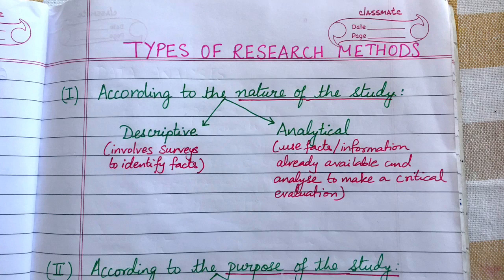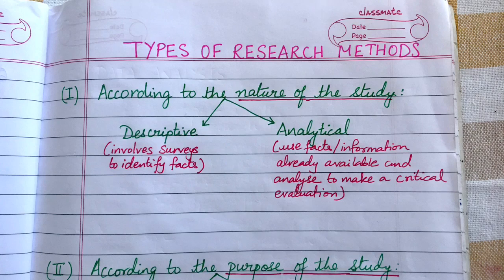So the first type of research method is according to the nature of the study. Under this, it can be divided into two groups, descriptive and analytical. Descriptive research usually involves surveys and studies which aim to find out and identify the facts.